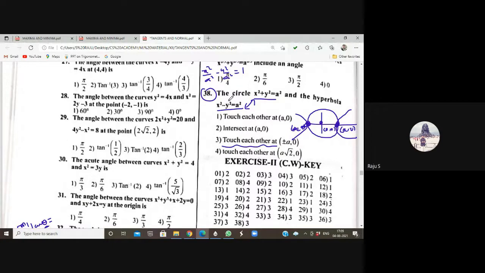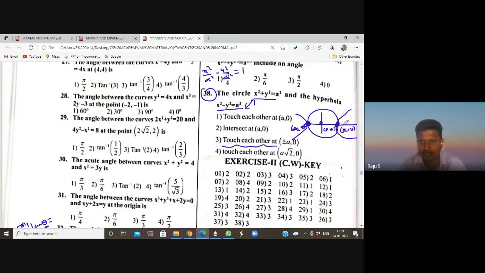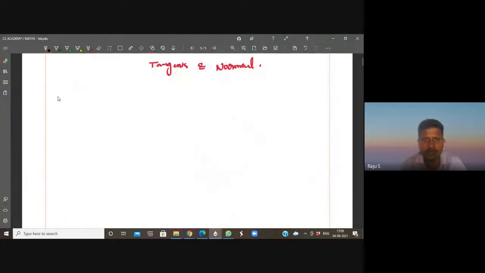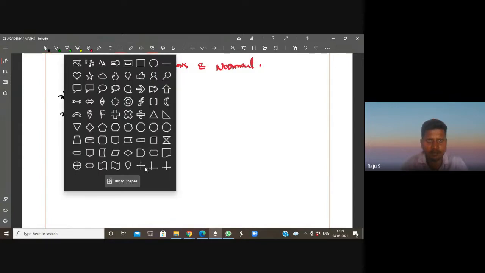So here they are asking at what point they are touching each other. Let's see here. X square plus y square is equal to a square, and x square minus y square is equal to a square, right? Nothing but your transverse axis. Let us take x axis and y axis here.